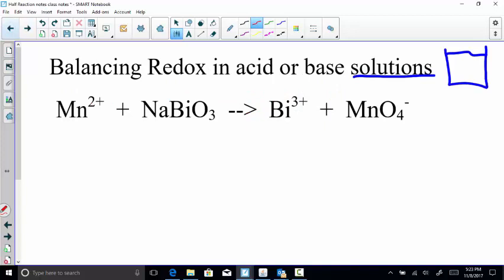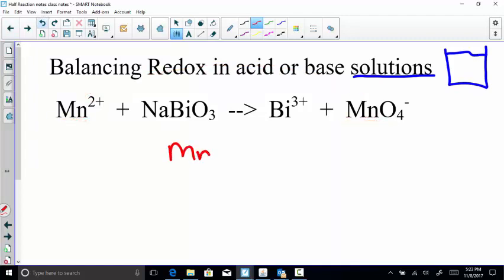Now, when you have reactions like this, it is sometimes difficult to pick out what your half reactions are. So what you're going to look for are compounds that have the same elements in them. Manganese and manganese with an oxygen both have manganese in them, so that's going to be one of your half reactions.